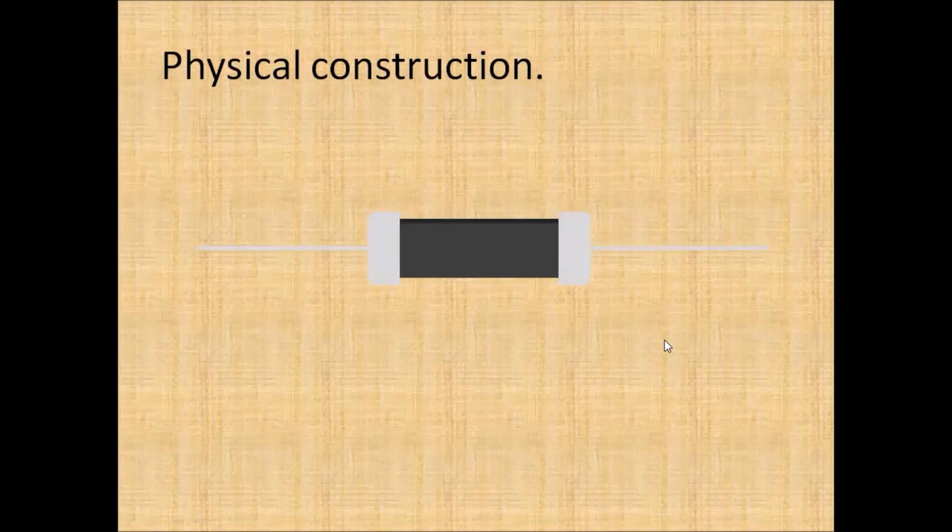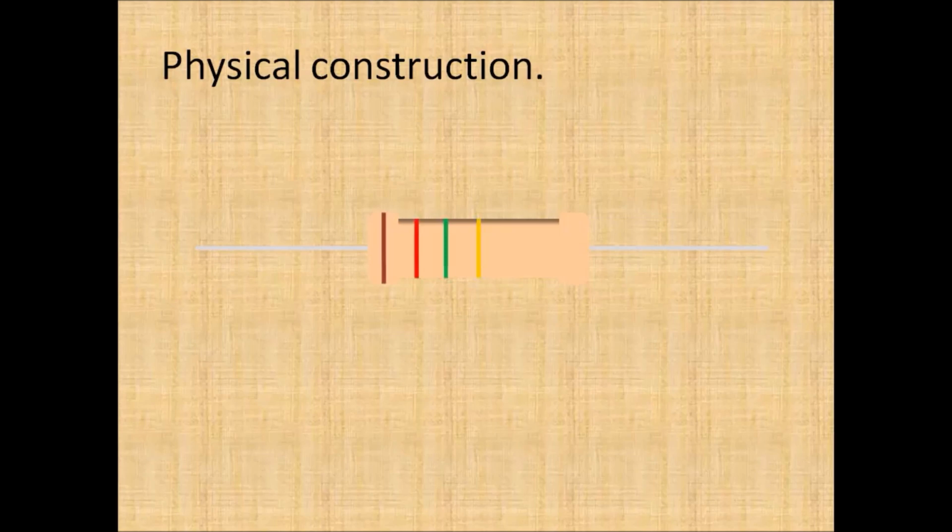By soldering these leads between two points, we can connect this resistor in a particular circuit. And now for the complete assembly, we will coat this thin carbon film resistor with a coating of paint, on which we can do the color coding, so that we can determine the rating.